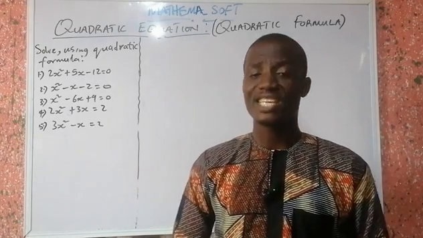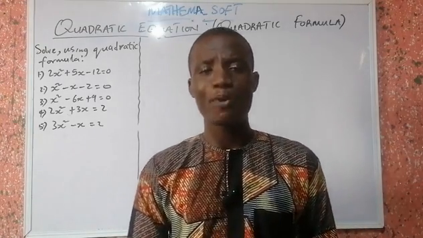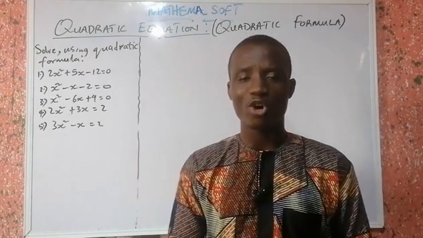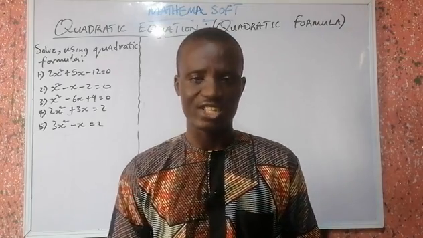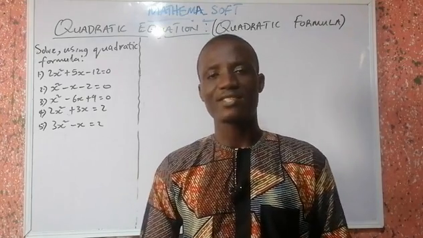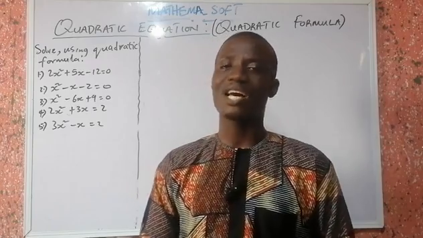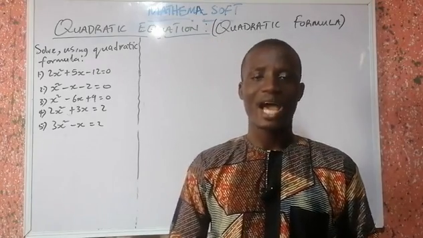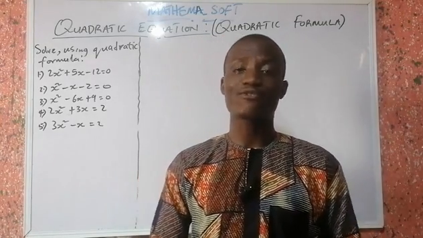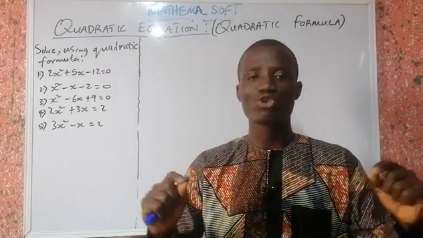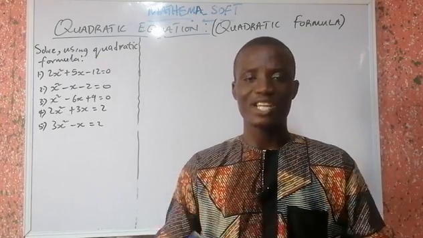Quadratic formula is the one that will help us to know the nature of the roots. That is, it will help us to test out the nature of the roots. Don't forget that in the first class on quadratic equation, I explained that a quadratic equation will always have two roots, and these roots have specific nature.